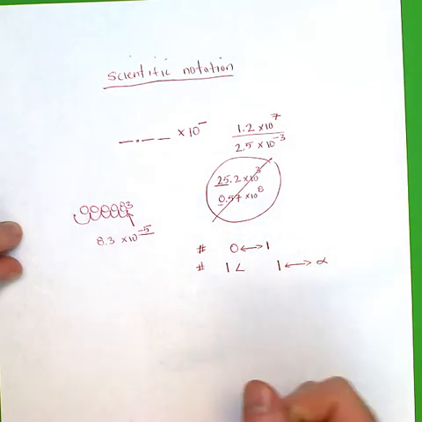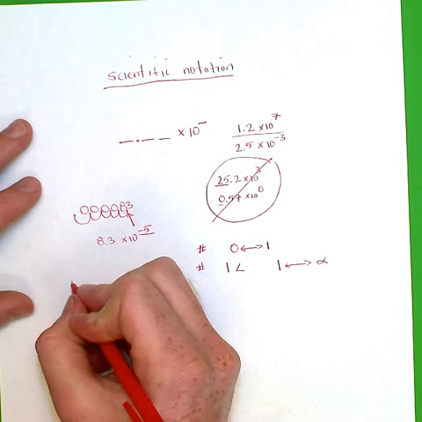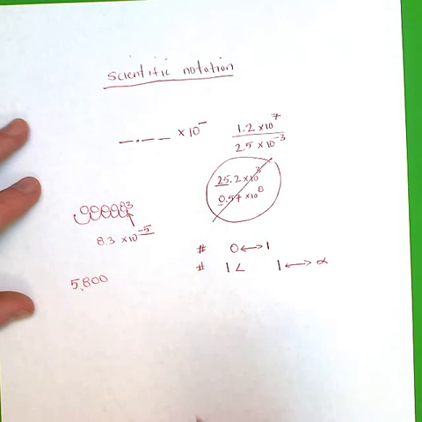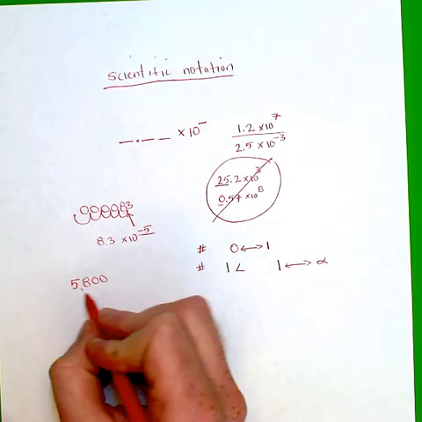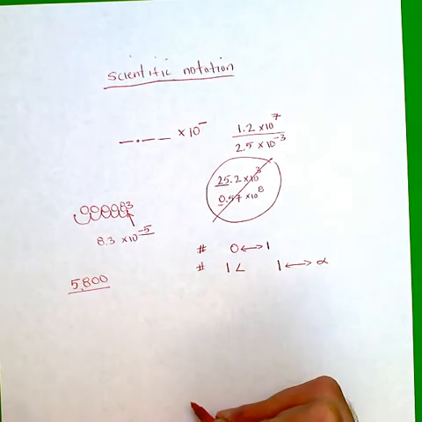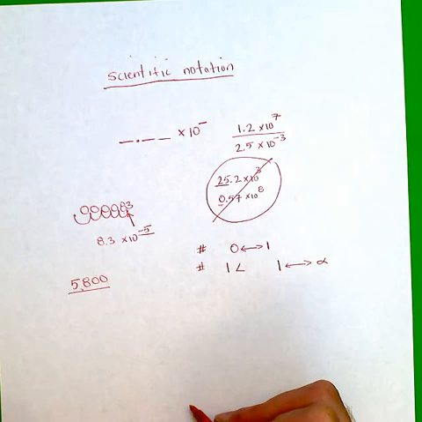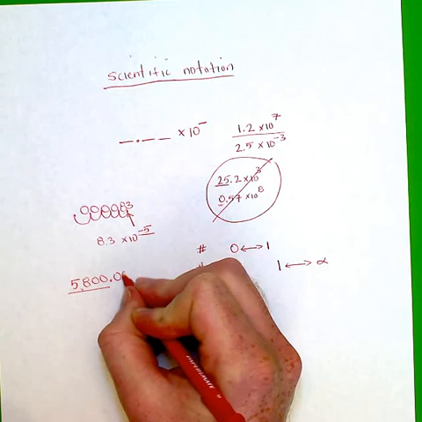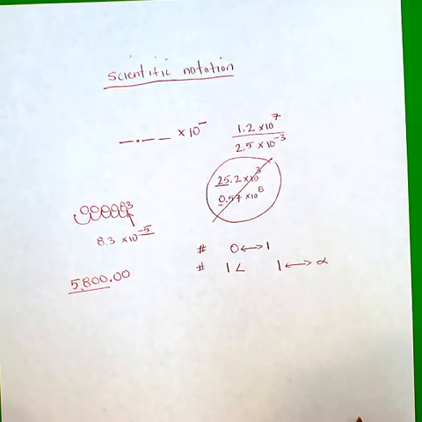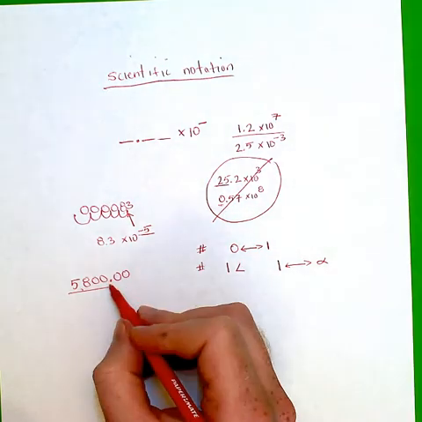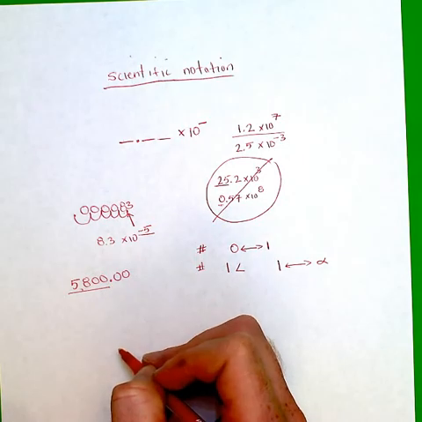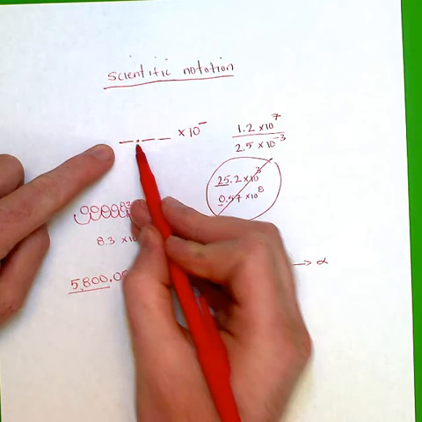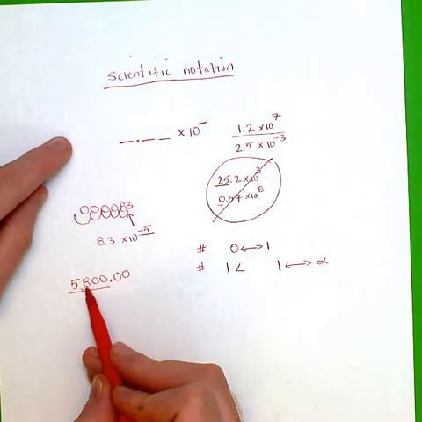For instance, 5,800. We have the number 5,800. We want to express that as scientific notation. And so here's our decimal point right now, 5800.00. How many times do we need to move that decimal point to get it where we want it? Well, we have to decide where we want it. We want one number to the left of the decimal point. Right now we have 4 numbers.